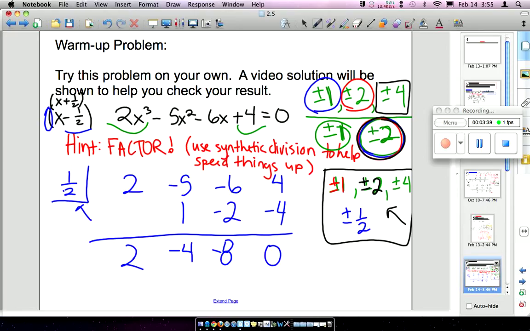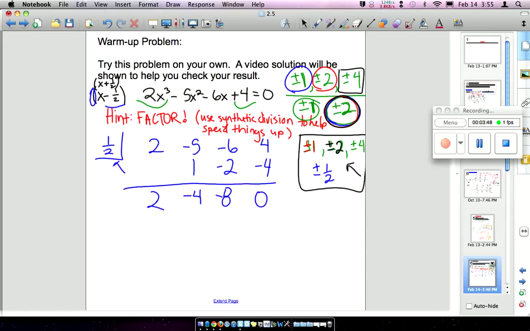And it appears that 1/2 is in fact a root of this polynomial. So I have a root of my polynomial. I can write my polynomial as x minus 1/2 times 2x squared minus 4x minus 8 equals 0.